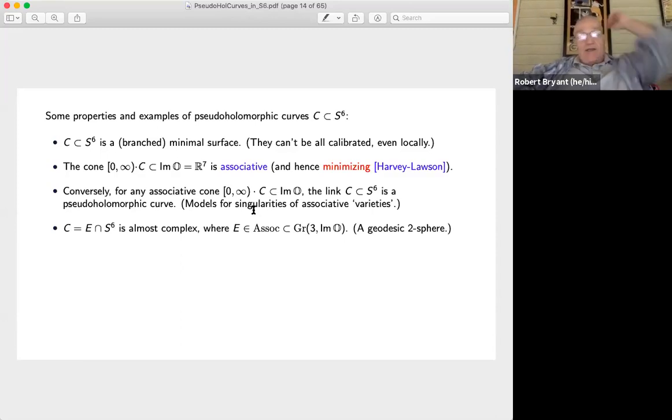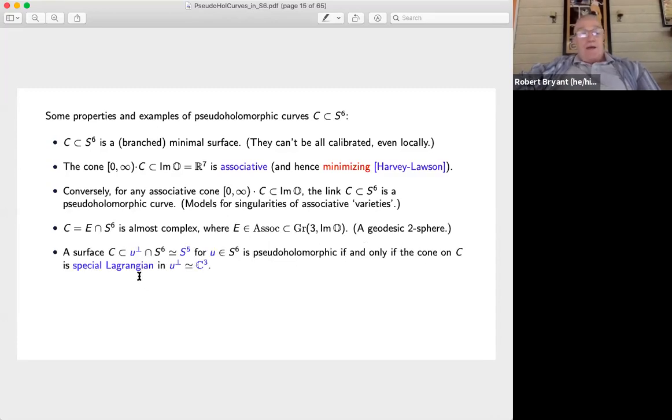As I said already, if you take any associative 3-plane in imaginary O, then its link is almost complex. It's a totally geodesic 2-sphere. And there are other examples. If you take a surface that sits inside a totally geodesic S^5 sitting inside the sixth sphere, it turns out that's pseudo-holomorphic if and only if it's the cone on a special Lagrangian.